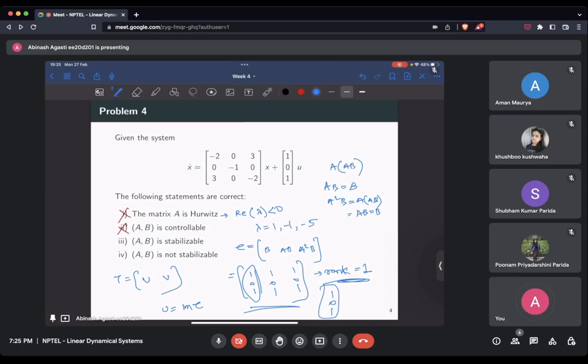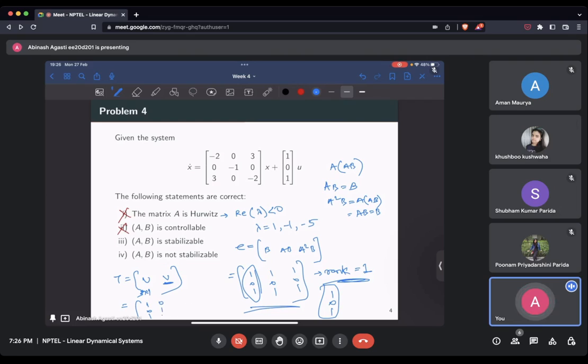So U is this, because here rank is 1, so U will also be only 3 cross 1: 1, 0, 1. Then we have to take two other columns which will make V such that T is invertible. So we can take any two linearly independent columns so that the T matrix is invertible.